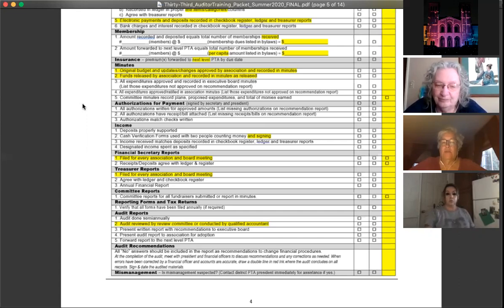And then someone else was looking for another clarification. I think some other non-signer reviews and signs it, but it can be the auditor. Just any non-check signer can be assigned to review the bank statement monthly. I know years ago at 33rd, I think it was the director of leadership, because she was always in the office.